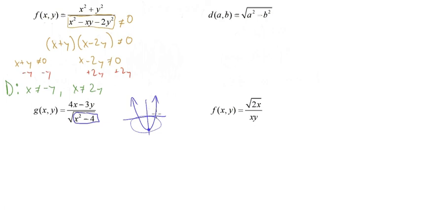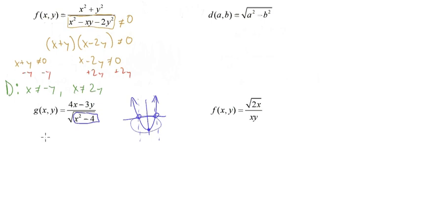Our roots also are going to be excluded, because if we end up with 0 here in the radical, then it's really 0 in the denominator. Typically you could have the square root of 0, but the fact that it's in the denominator means we need to make sure we exclude 0. Now that's not really going to be an issue, but we'll take a look at that as we go along. So what are the values that would give us these negative numbers?